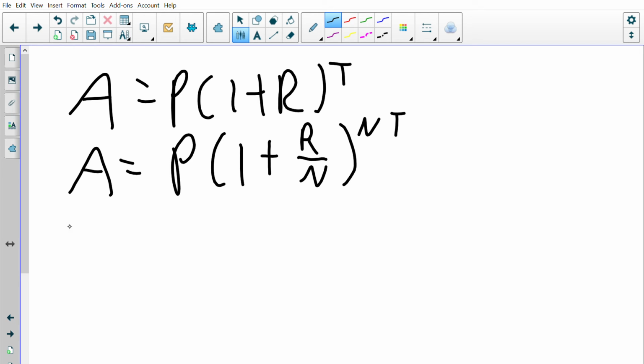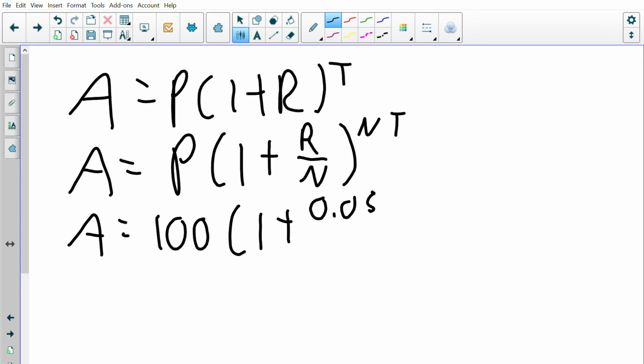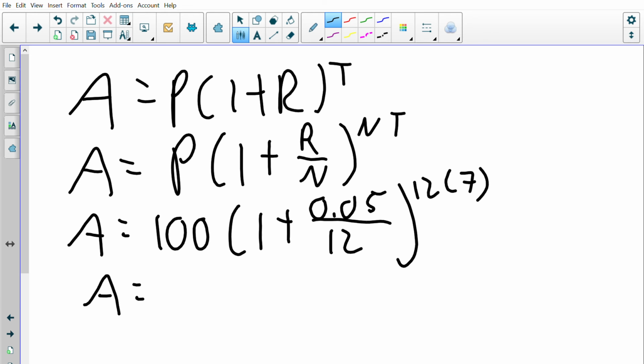So the same example of $100 at an interest rate of 5%, and it compounds 12 times a year because of the 12 months, and we were doing it for 7 years. We would plug this into our calculator, and that would tell us the final amount of money we would make over 7 years.